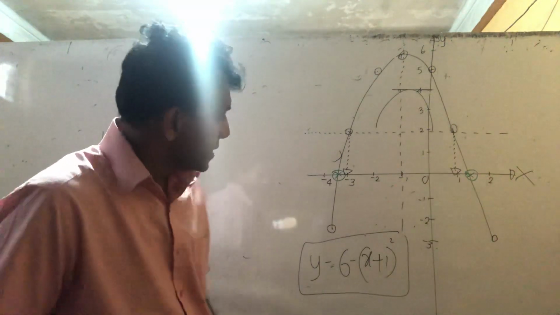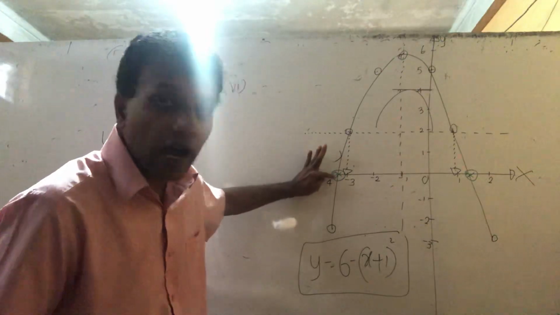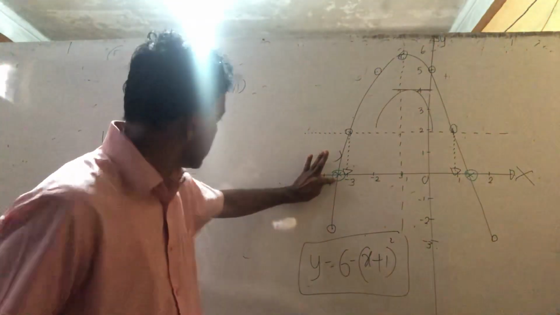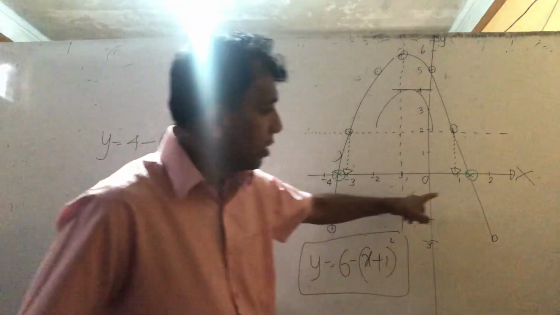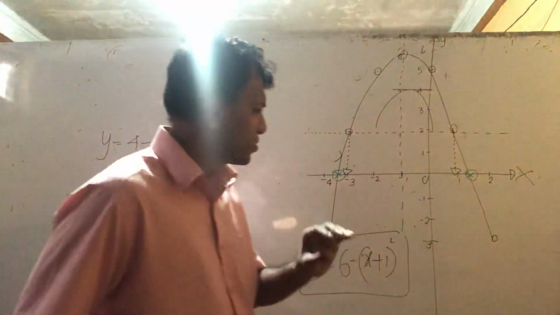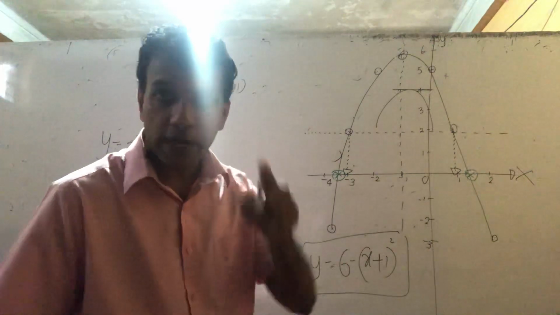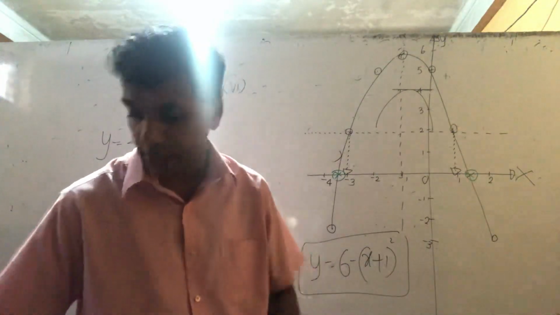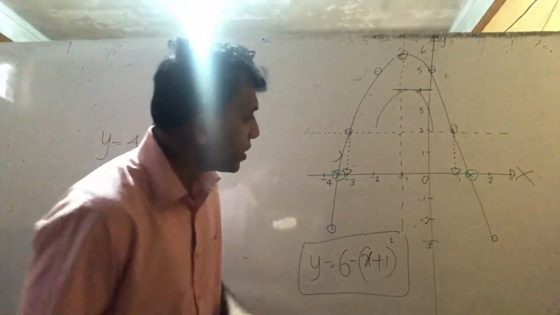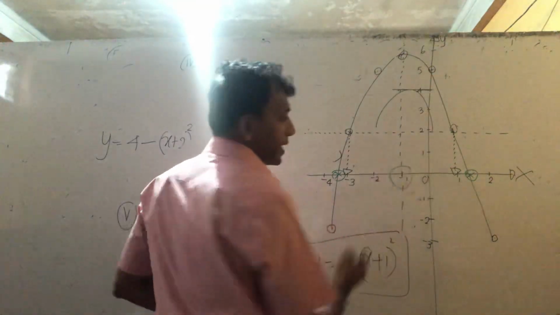In this case, the graph cuts the x-axis at decimal values, minus 3 point something, and also 1 point something. So it is difficult to use the decimal values to get the final answer. Better you take this -1 and think.